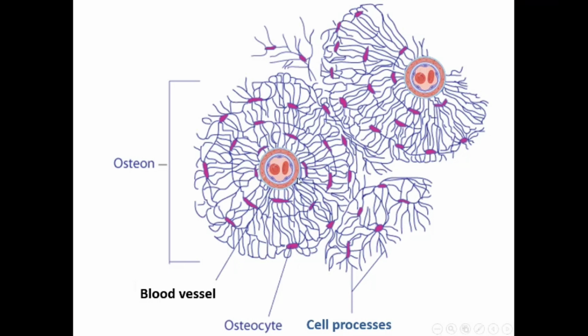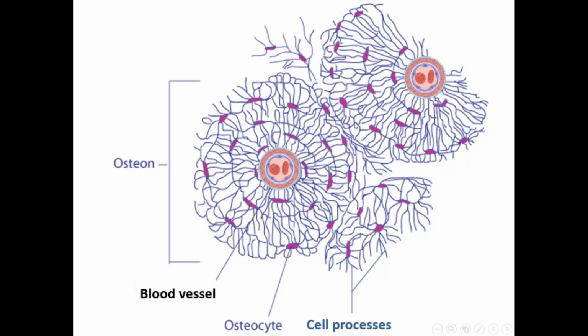Why do the osteocytes have a lot of cell extensions? This picture shows us why. We have two blood vessels here, and as you know, in the bone we have a mineralized matrix, so we don't have any diffusion of materials.